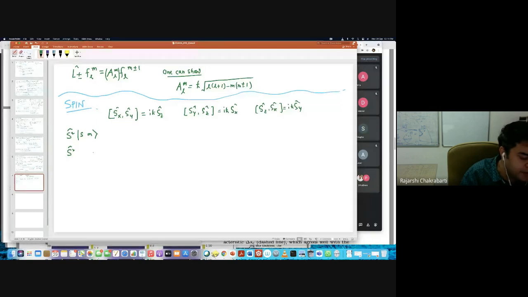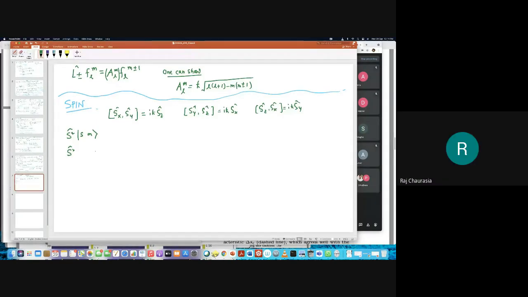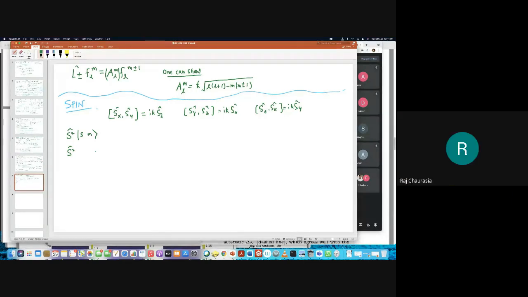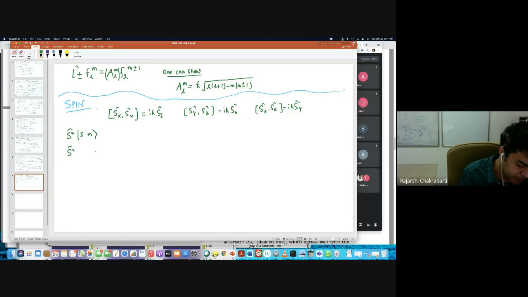Can anyone tell me what is the notation I used? Last time, in the last class. I think I used it like this: S square operating on alpha gives you something, and S square operating on beta gives you something. In the last class. Now using the Bra-Ket notation.